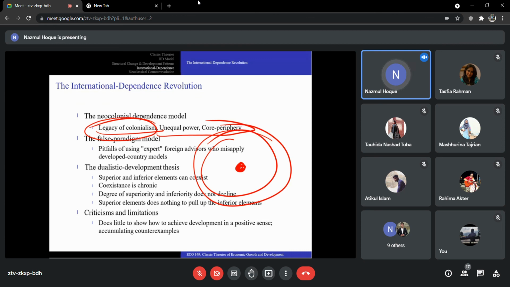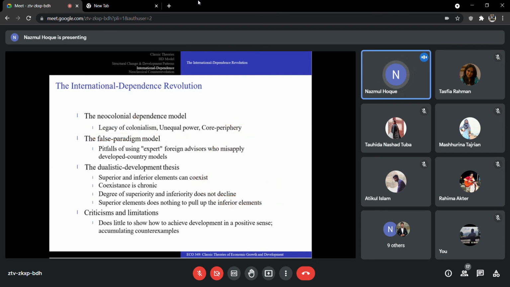the power struggle is going to... the international world order is still maintaining some sort of legacy of the colonial period that we have seen.